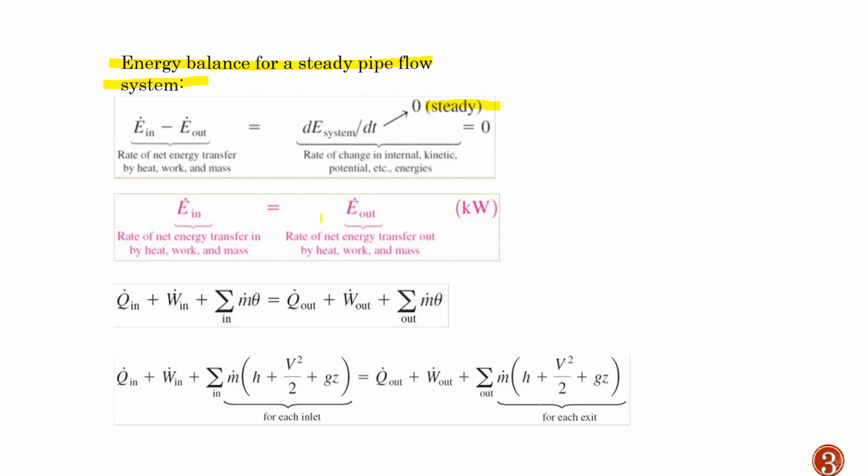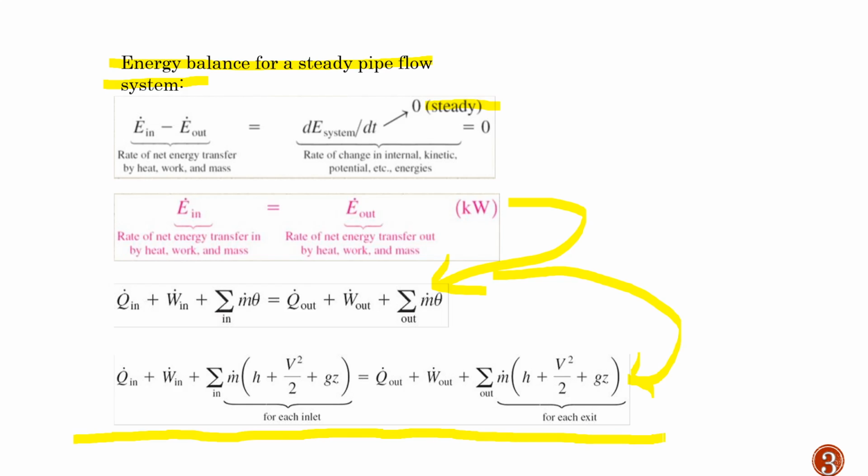So we can say E in equals E out. By expanding and arranging it, we will get the final formula for the energy balance.